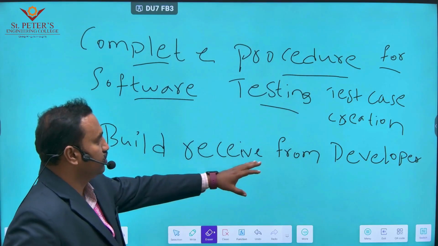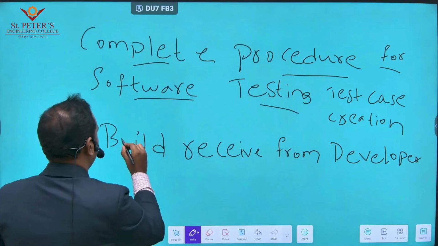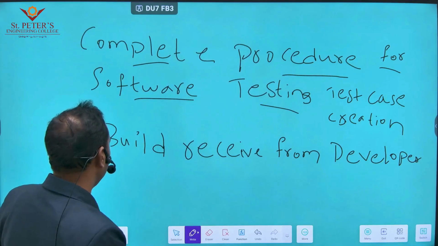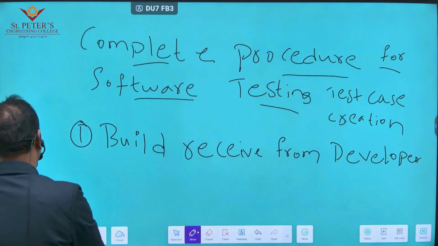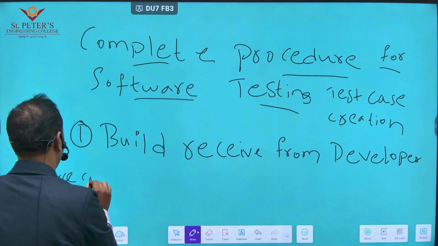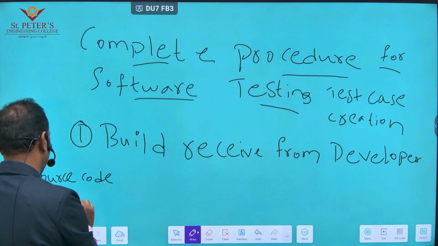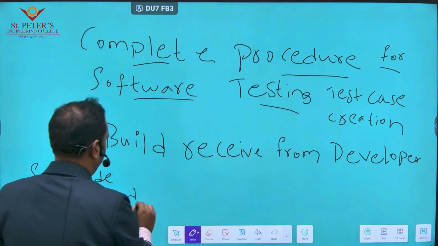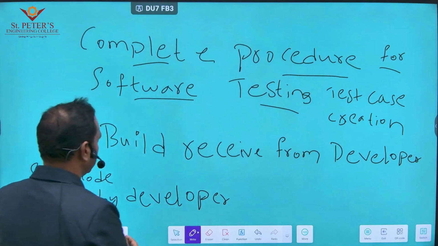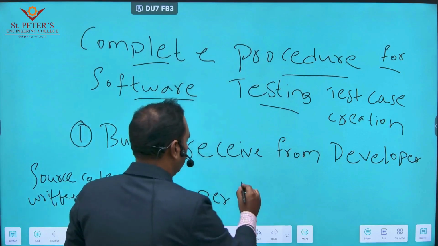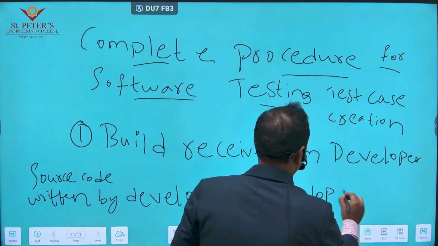Once we receive the build, you can ask what a build is. A build is nothing but whatever source code is written by the developer to develop an application.